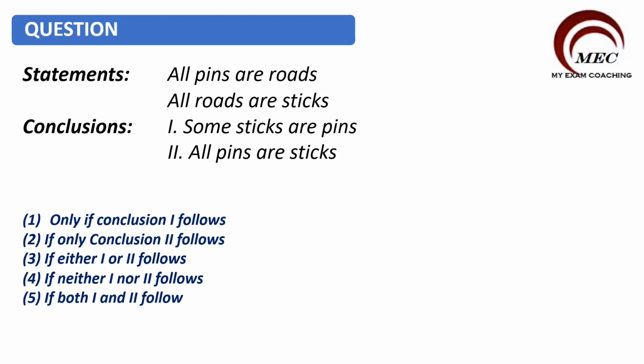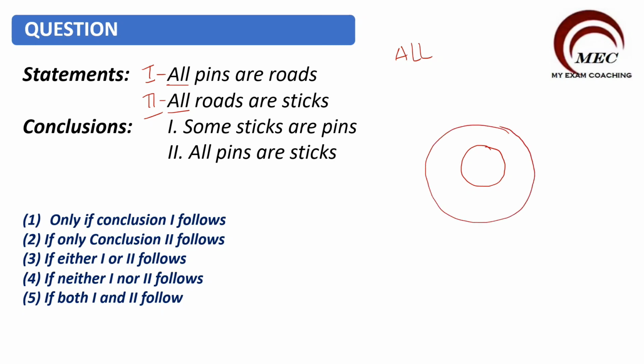Here, this is statement 1 and this is statement 2. What is statement 1? Statement 1 is all pins are roads. The word used here is all. So all means we have to draw a Venn diagram like this.